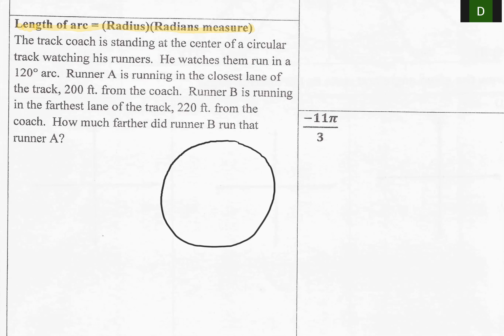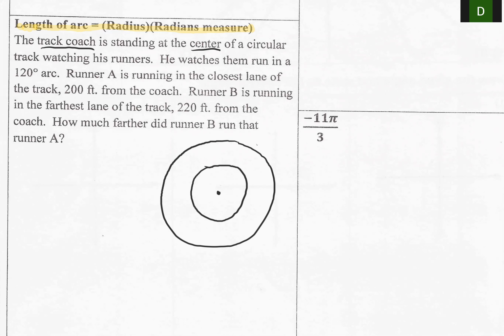Let's say this right here is the inside lane. It says you have a track coach standing at the center of the circle. So right here is your coach.